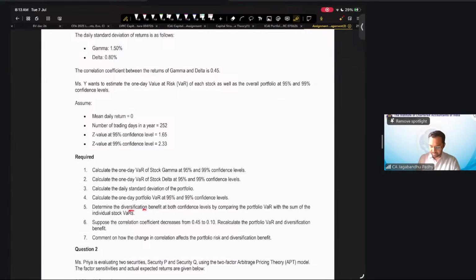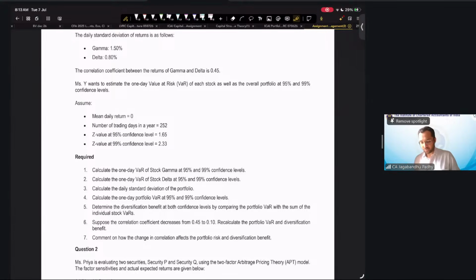Determine the diversification benefits at both confidence intervals by comparing the portfolio VaR with the sum of individual stock VaRs. Now suppose the correlation falls from 0.45 to 0.1. We have to recalculate the portfolio VaR and diversification benefit, and also see how the change in correlation affects the portfolio risk and diversification benefit.